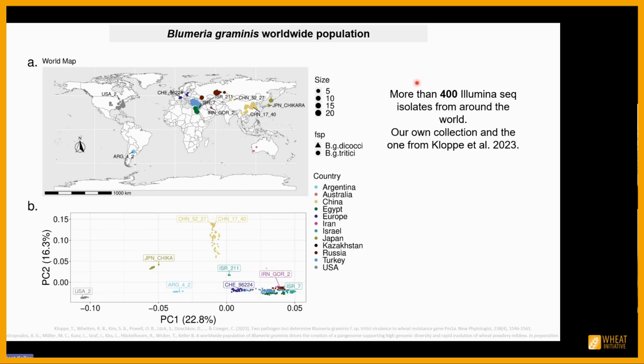This includes our own collection, but also a very good collection from Christina Kauger's group, and this provides a huge data set for, for example, GWAS studies that I will describe in a moment. Here you see a diversity analysis from a paper we published 2 years ago, which shows clearly a geographical subdivision of the mildew isolates that we have studied.